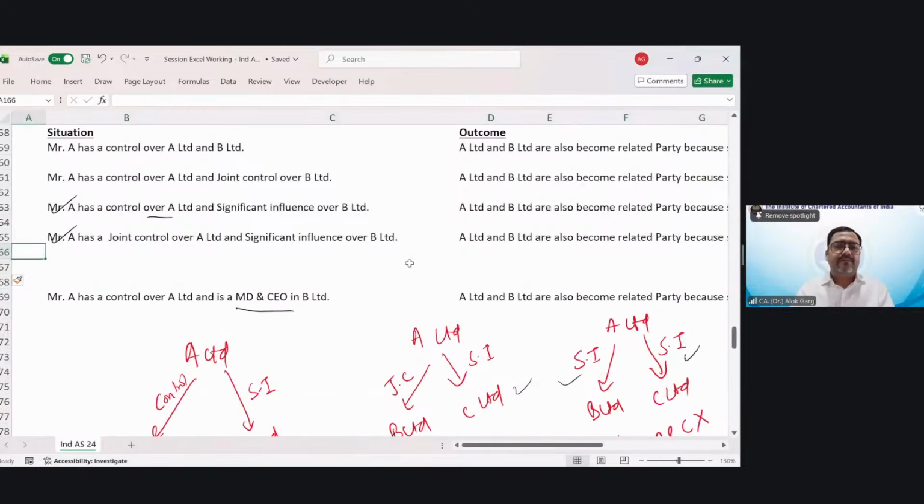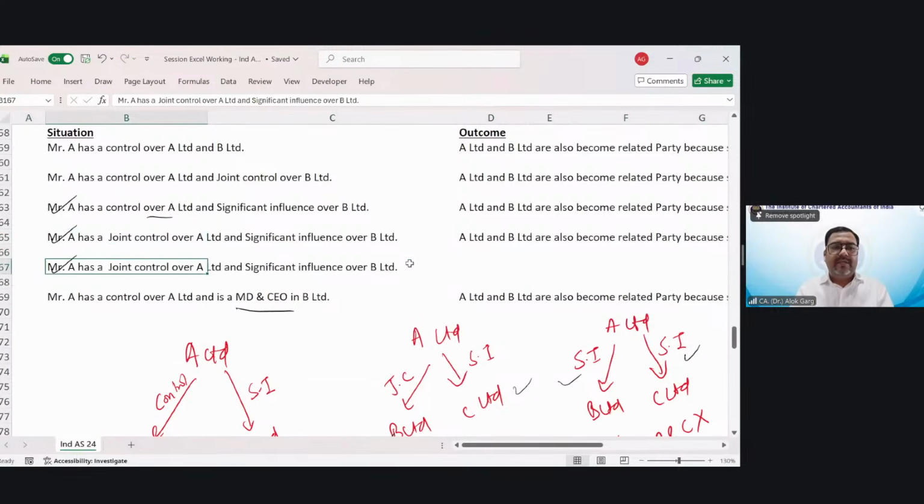Now, Mr. A has significant influence over A Limited and significant influence over B Limited.